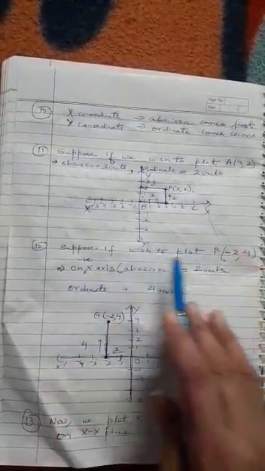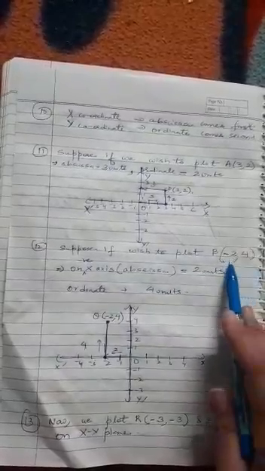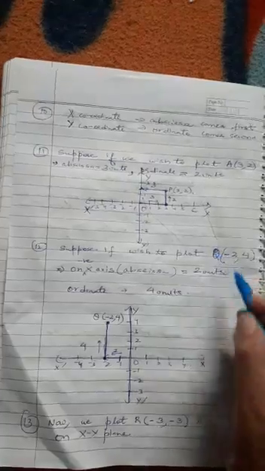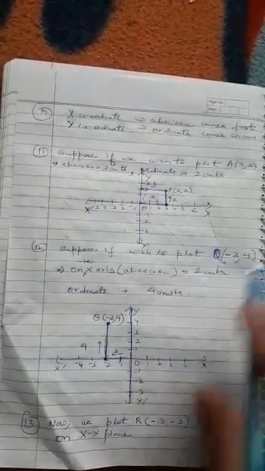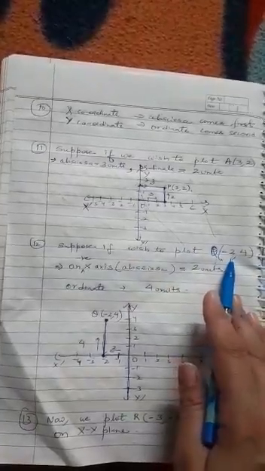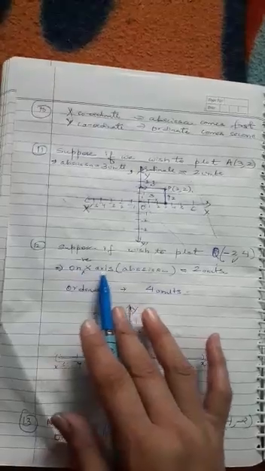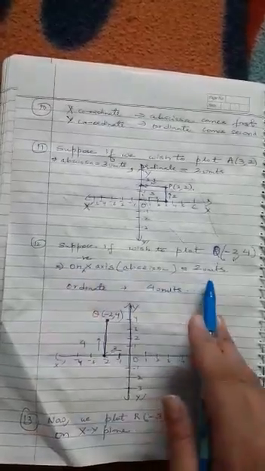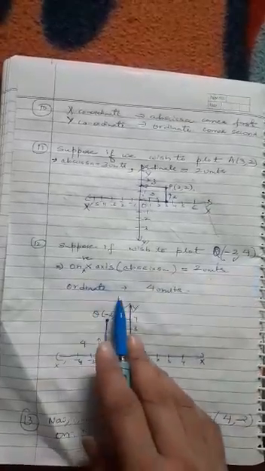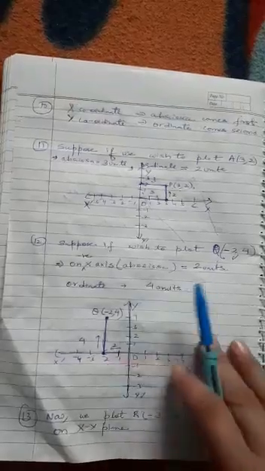Now suppose we wish to plot point Q(-2, 4). Since my abscissa is -2, that means I have to move on the negative x-axis 2 units, and my ordinate is 4, so I need to move 4 units on the positive y-axis.